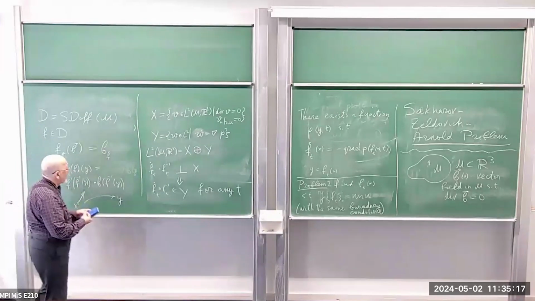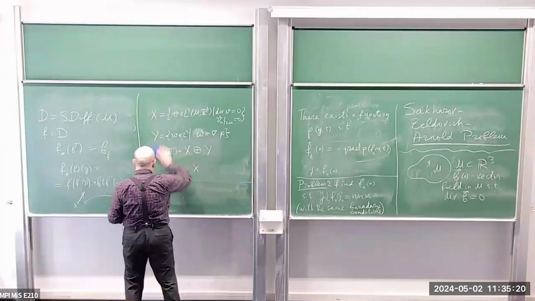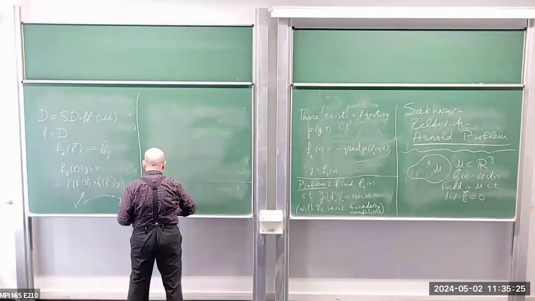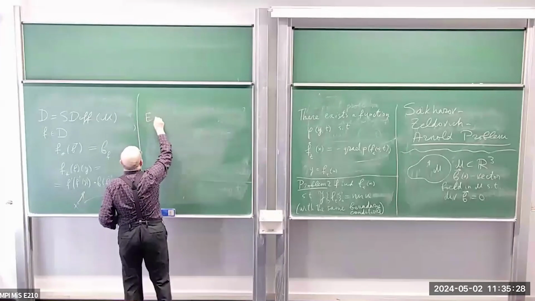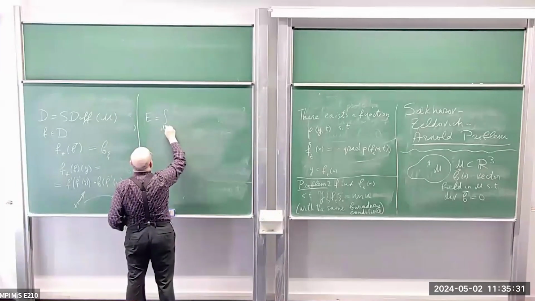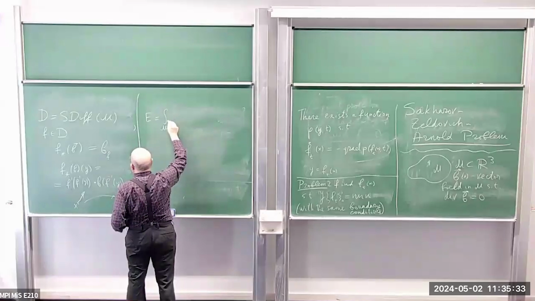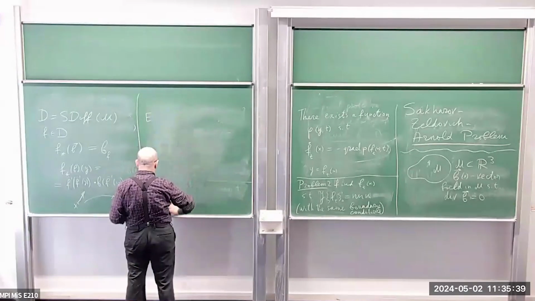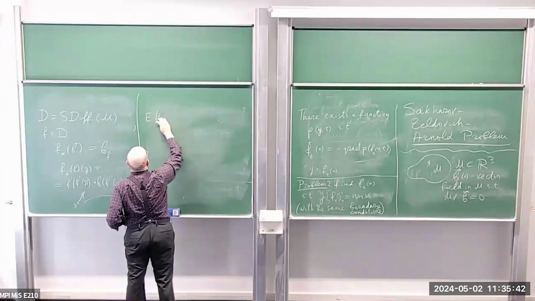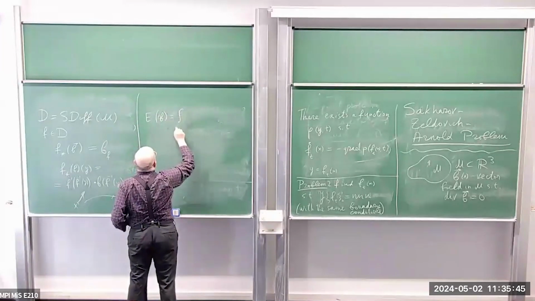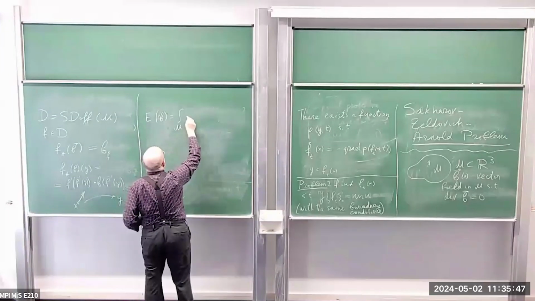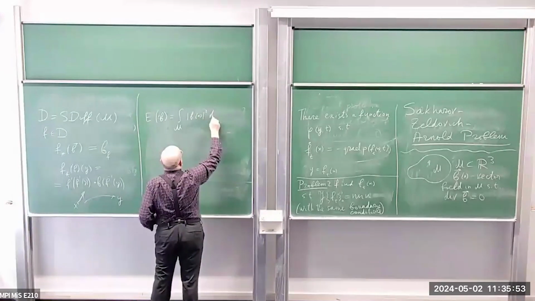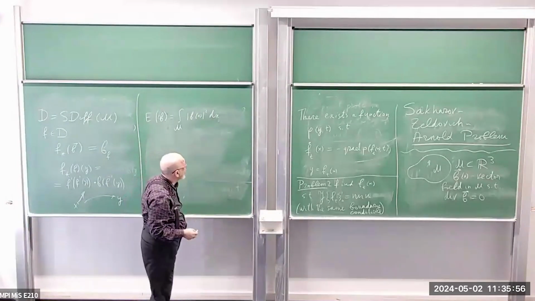And then we write the functional, the energy: the integral over M of the modulus of B_F squared dx. That's the magnetic energy.